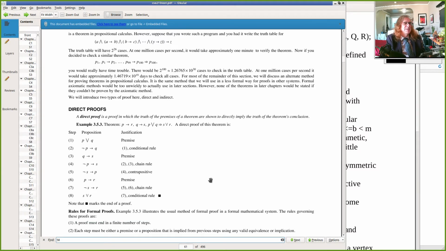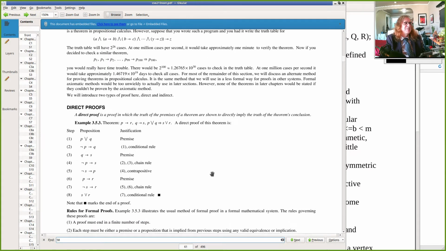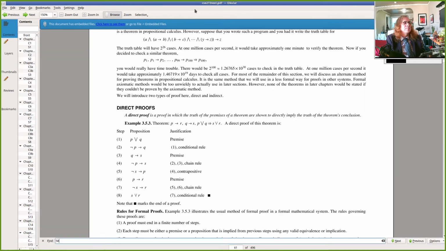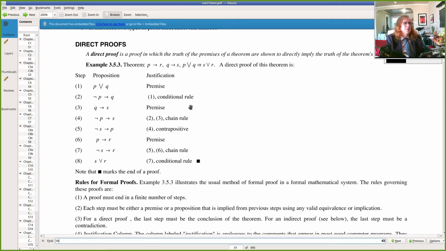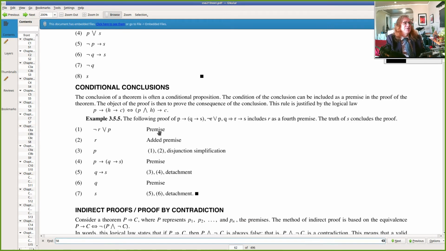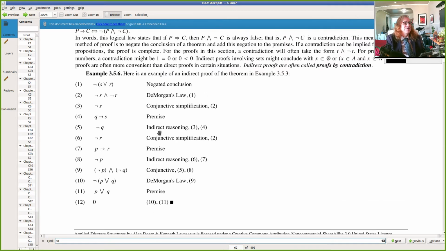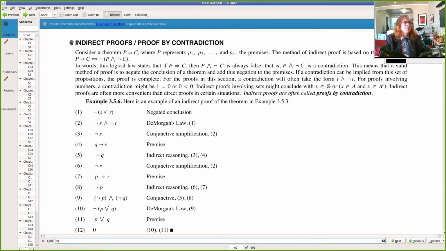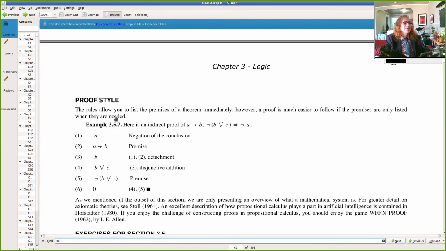So take a look at chapter 3, section 5 for an idea of these proofs. Look at these examples: direct proofs, indirect proofs. You'll definitely see a question that looks something like this, where I give you a set of hypotheses and I ask you to prove a conclusion.